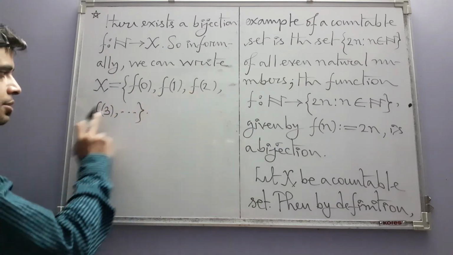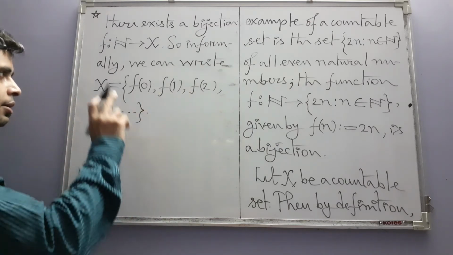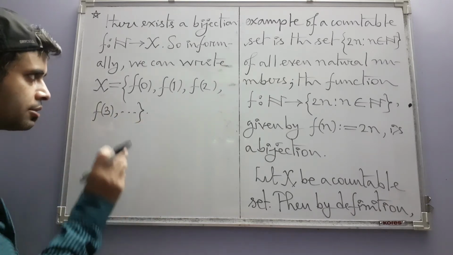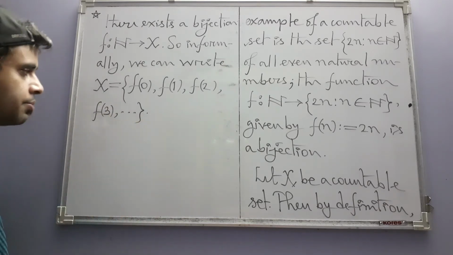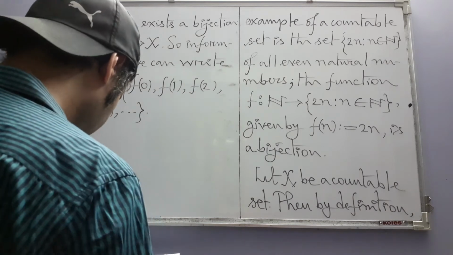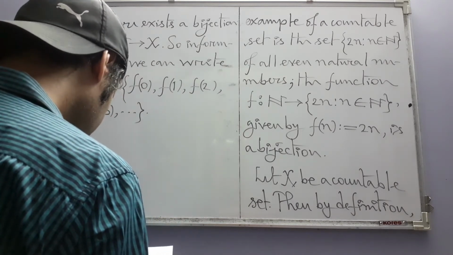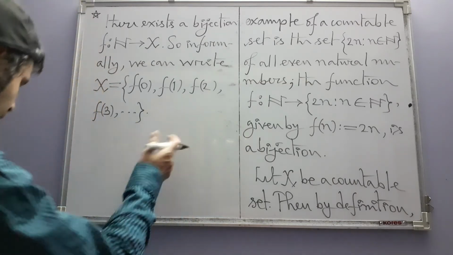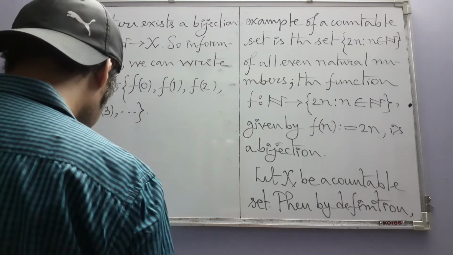All the terms of this sequence are distinct, and all the elements of x appear in this sequence precisely once. All these things have been written here. Should I write them down? Okay, let me just write this one also.